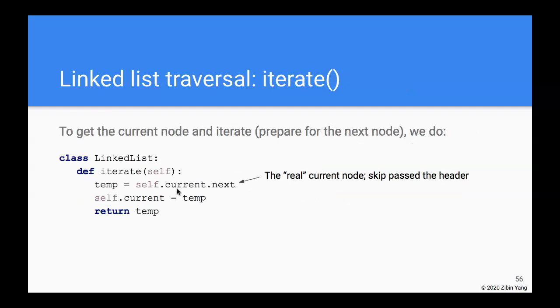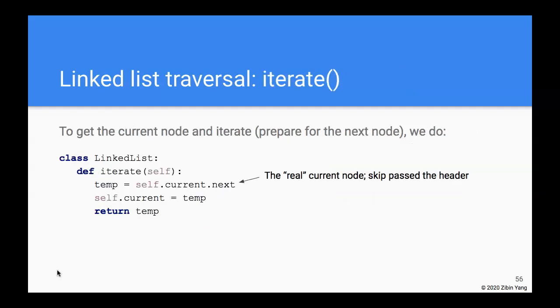So that's why we don't start at the head, but we start at the head.next. And so current.next is really, quote unquote, the real current node. And then to prepare for the next call of iterate, we're going to advance the self.current pointer to self.current.next, which has been assigned to temp. So that's why we're just assigning temp to self.current. And finally, we return the current node or eventually the data.